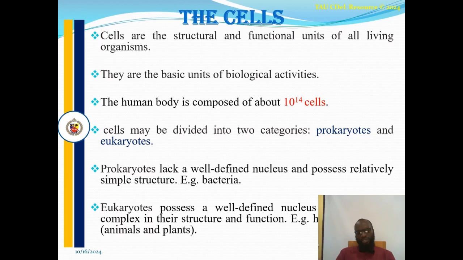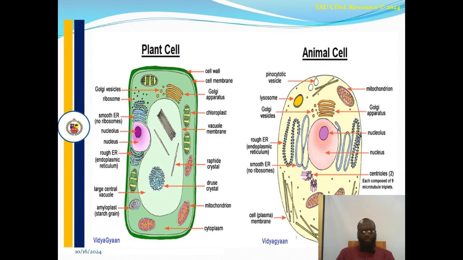Prokaryotes lack a well-defined nucleus and possess relatively simple structure, e.g. bacteria. So we find prokaryotic cells in bacteria. While eukaryotic cells have a well-defined nucleus and they are more complex in their structure and function. For example, the cells you find in animals and plants.